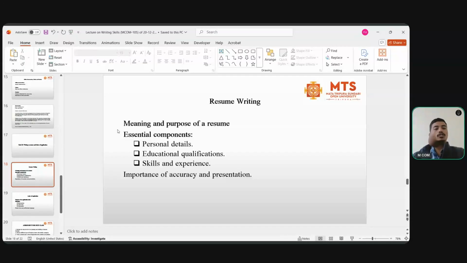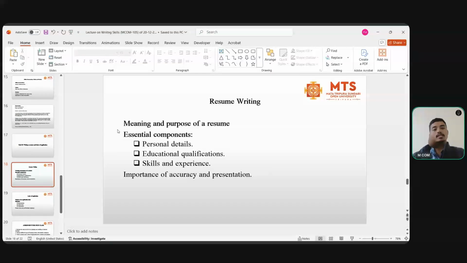And in a good resume, clear, brief, and relevant information is very important. So it highlights strengths and abilities efficiently. All right. So learning how to write a resume is very important for your career.